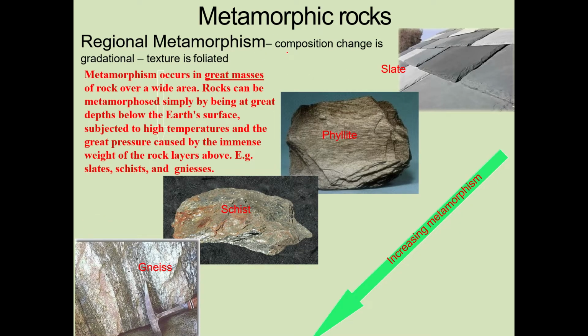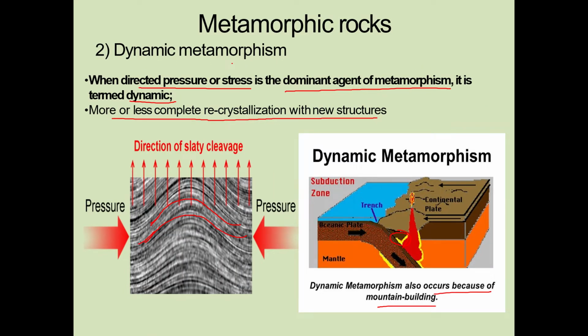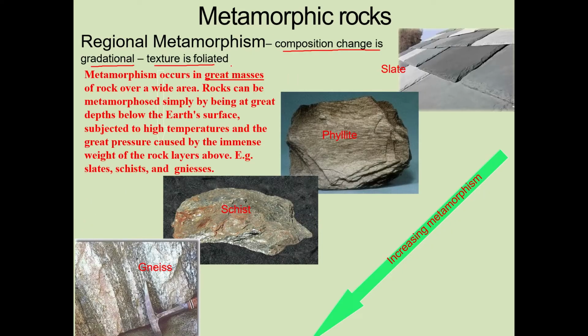Regional metamorphism. Composition change is gradual, gradational. Texture is foliated. Now, in contact metamorphism, only high temperature. In dynamic metamorphism, pressure is the main dominant factor, but over here, pressure and temperature both are coming.